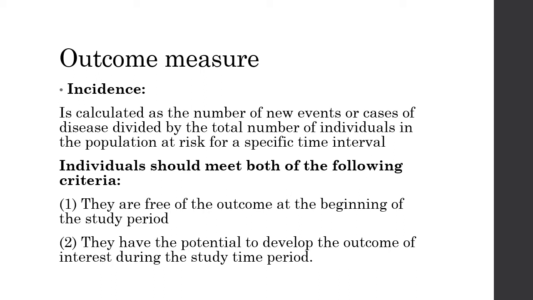So incidence is calculated as the number of, and these are the terms that you have to pay attention to, new events or new cases or new outcomes of the disease, divided by the total number of individuals in the population who are at risk in a specific period of time. This is the period of you conducting your cohort study, and everyone who develops it is considered a new case that emerges only during this time. And they emerged from where?